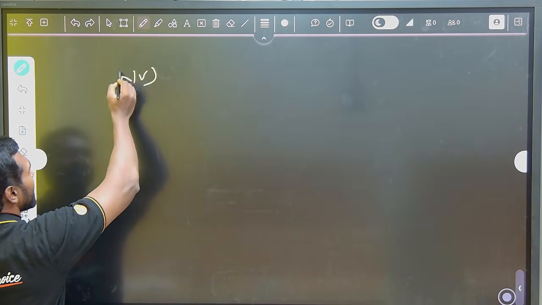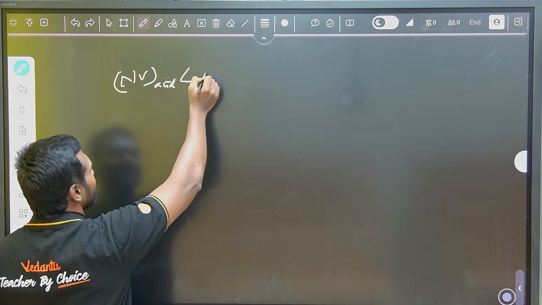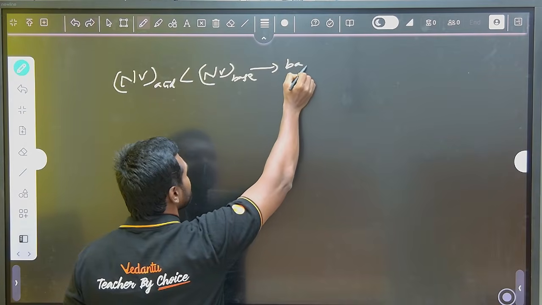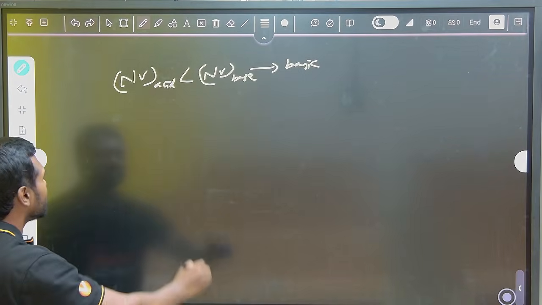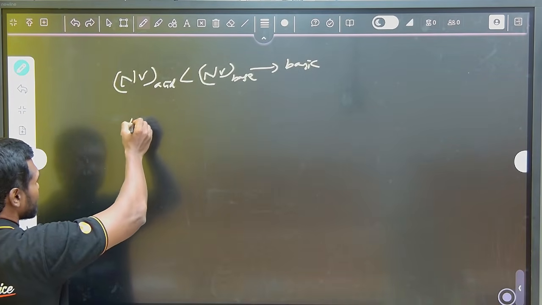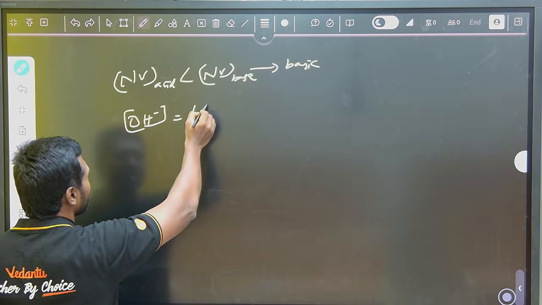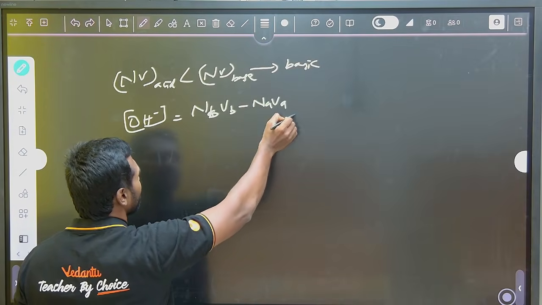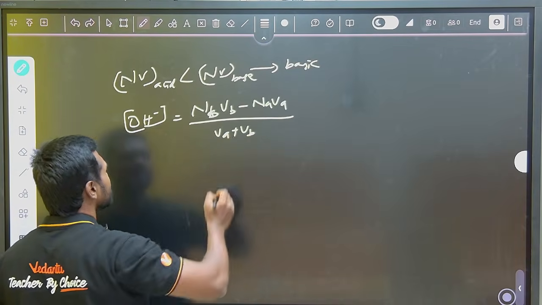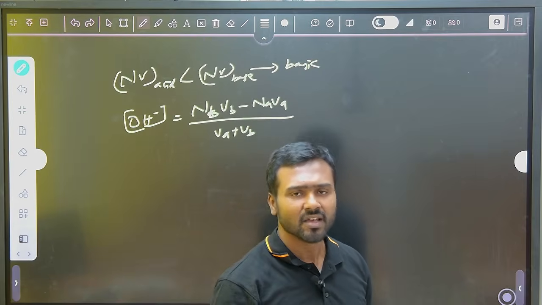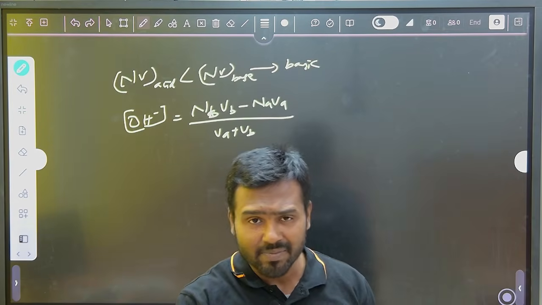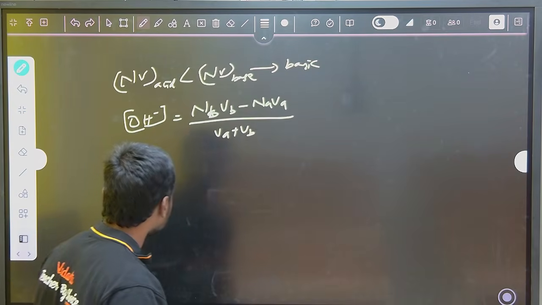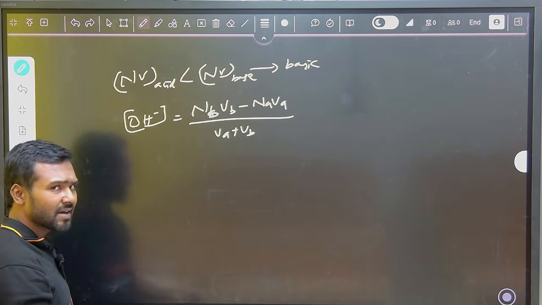If gram equivalents of acid is less and gram equivalents of base is more, then the resultant solution is basic. Then you can find the OH minus ion concentration, which is equal to NbVb minus NaVa by Va plus Vb. This is to find the OH minus ion concentration when gram equivalents of base is greater than that of acid.